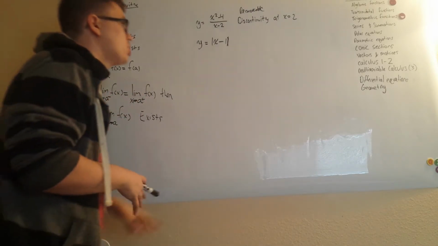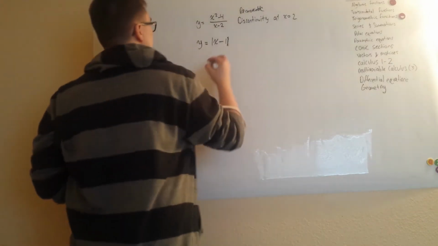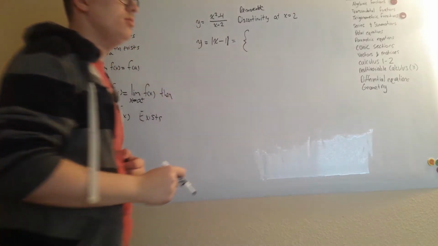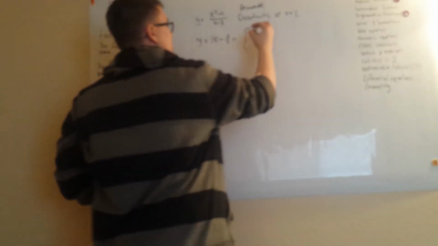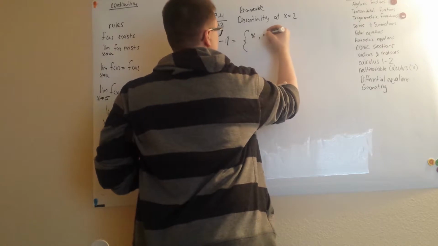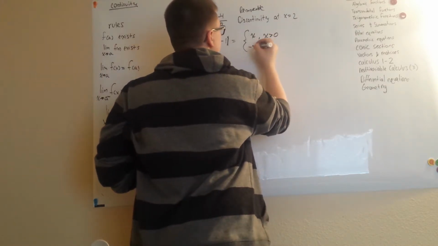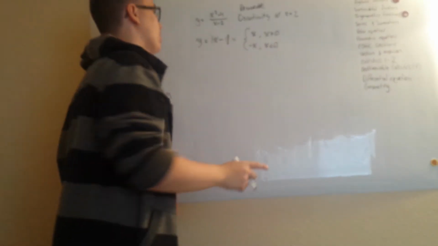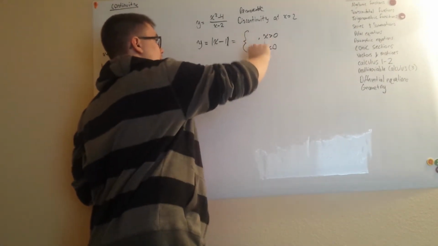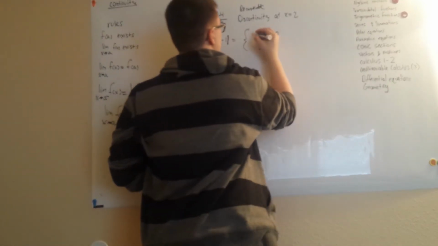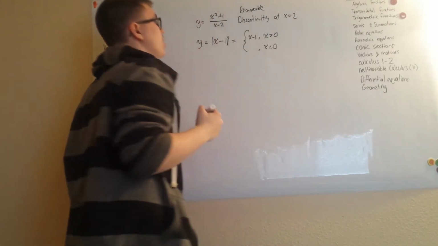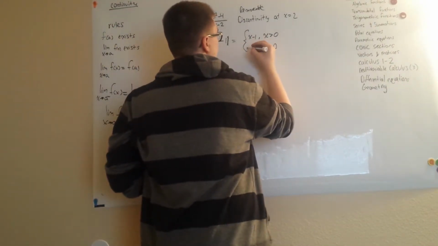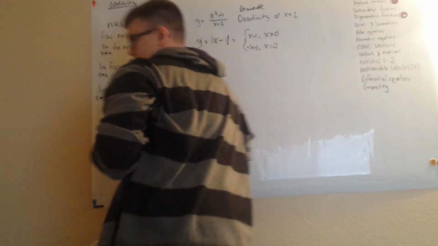And we have to change it into its piecewise form. For normal absolute value, it is x if x is greater than 0, and it's negative x if x is less than 0. That's what absolute value of x is. But x minus 1 if x is greater than 0, and it's negative x minus 1.